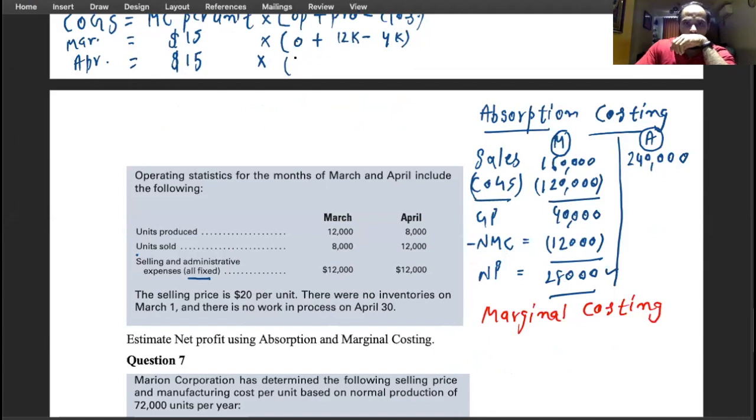Opening is 4,000, yes, plus how much we produced? We produced 8,000. And how much is closing? 0 is closing. So 12 multiplied by 15. So how much is the cost of goods sold for April?